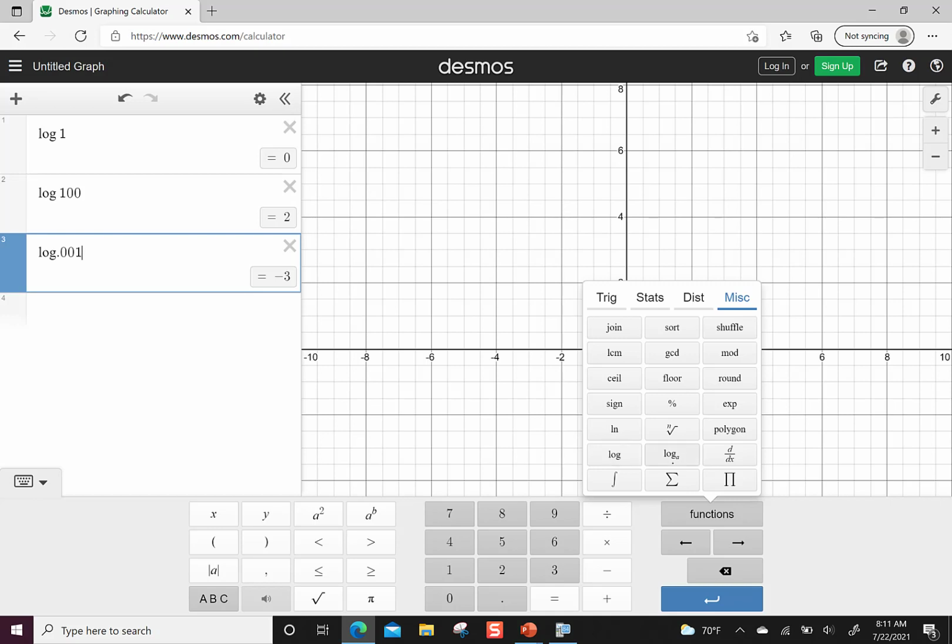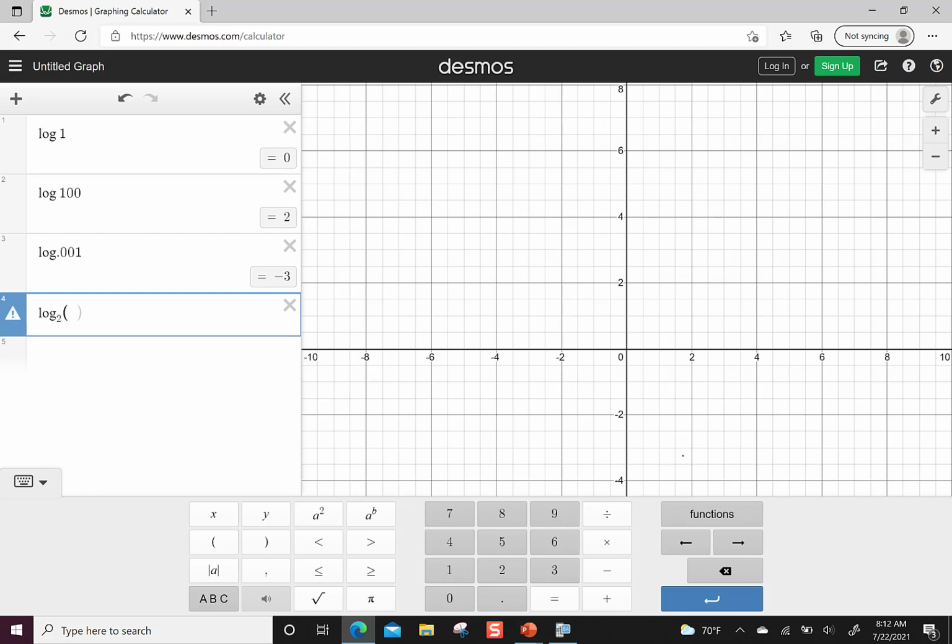Notice it also has a log base A, so if I hit log base A, I could put down 2, maybe put in 256 like we did earlier, and you can see it will do the calculation for you. You could also type log, hit the underscore 2, that makes it move down, and then type 256.